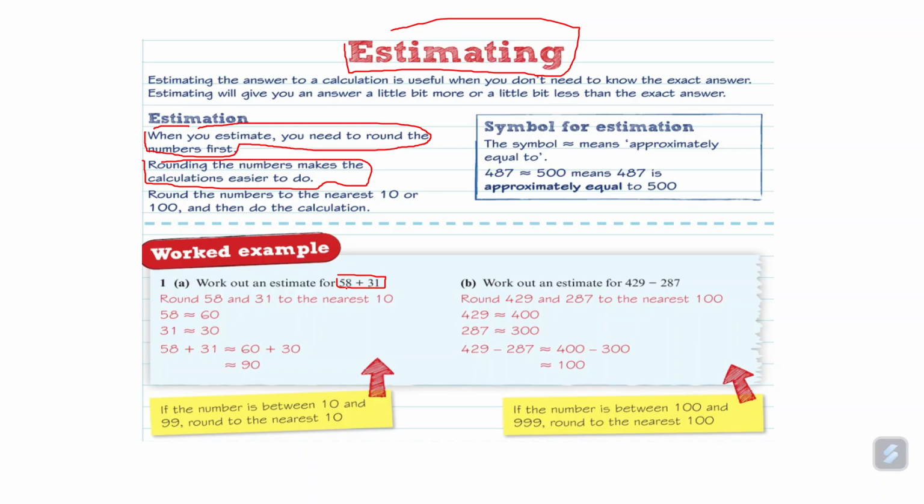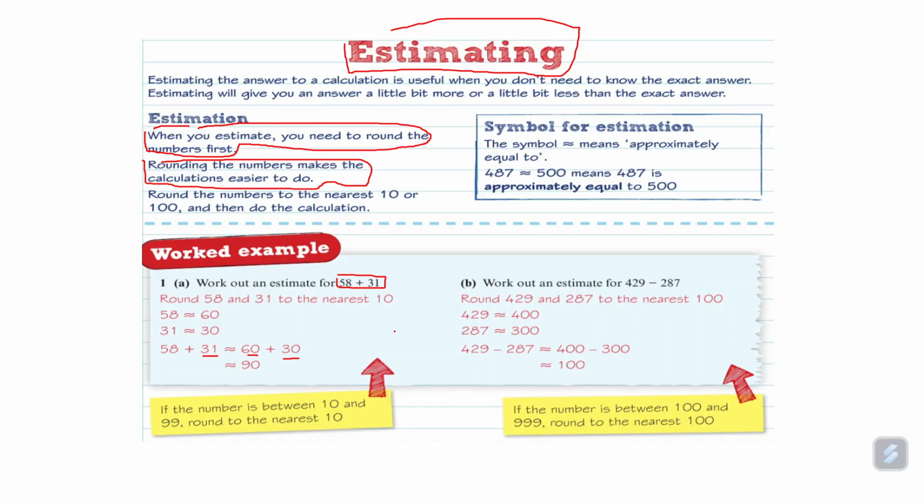So 58 and 31, you need to round to the nearest 10. Rounding 58 to the nearest 10 becomes 60, and rounding 31 to the nearest 10 becomes 30. Now you can add both numbers together. So 60 plus 30 will give us 90.